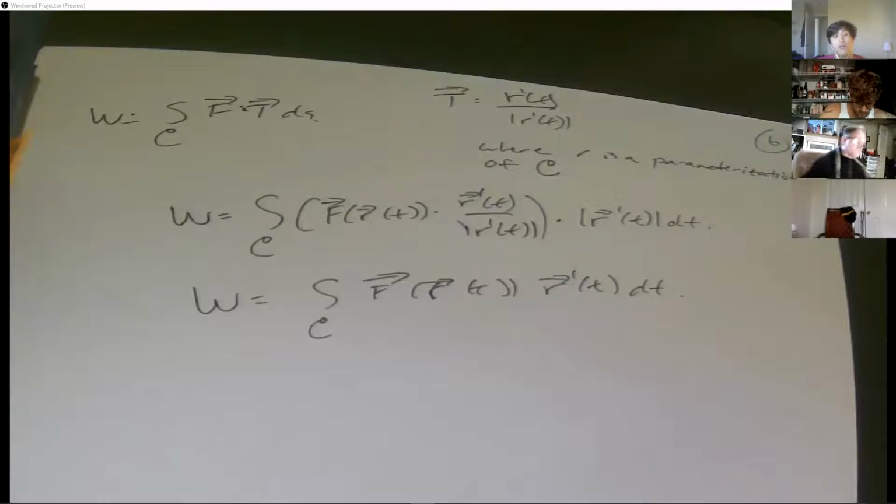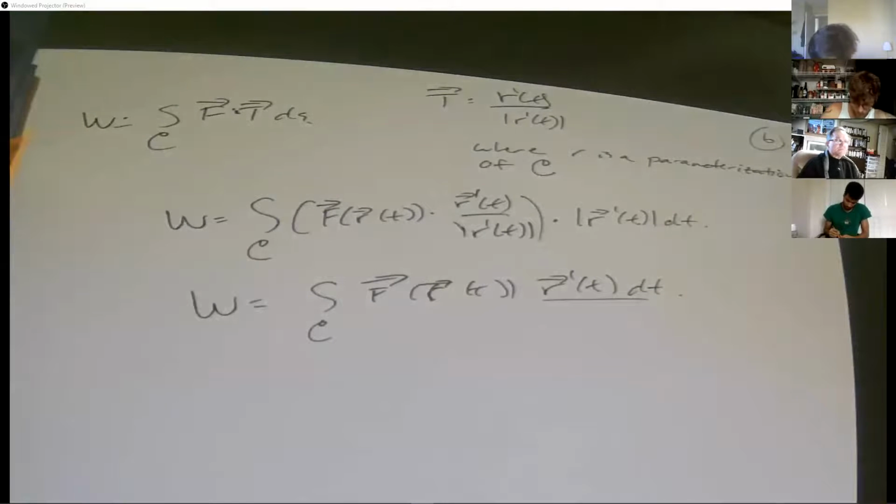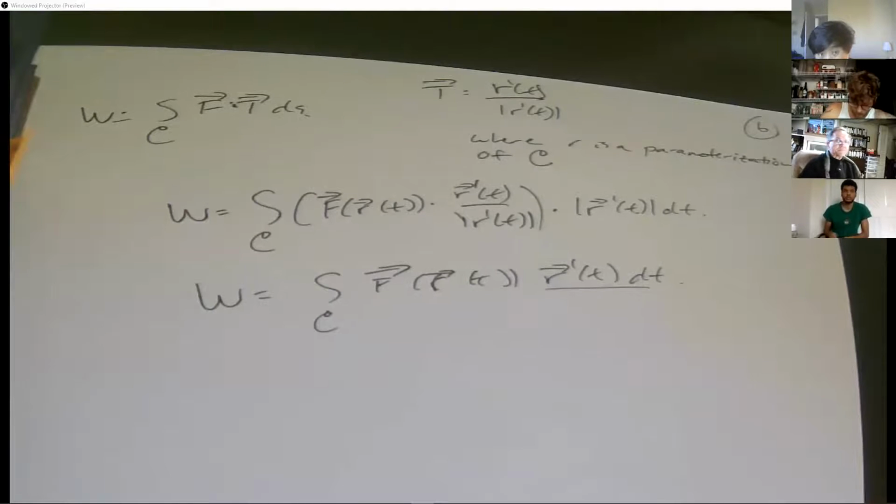Okay, we have a way to compute work with respect to a parameterization. And we're going to make a slight abbreviation change. Think of this here as the derivative of r, essentially.